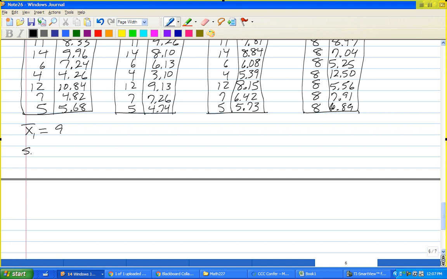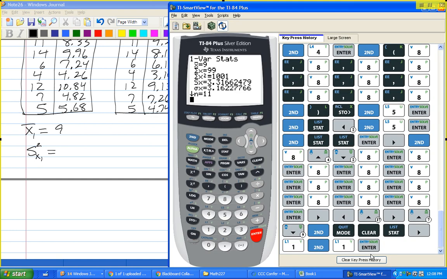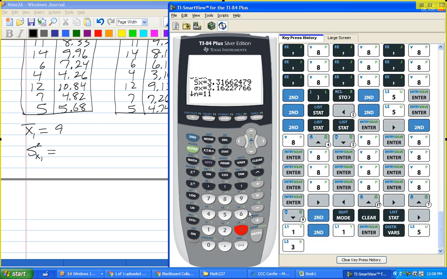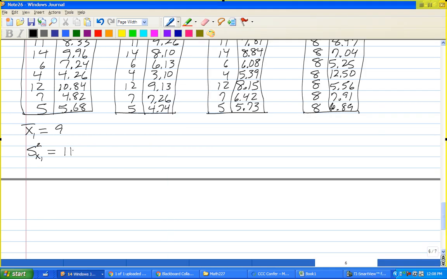The variance, let's call it x1. To find the variance, I'll go to vars, statistics, the standard deviation and square it. That gives me my variance, which is 11. Okay.